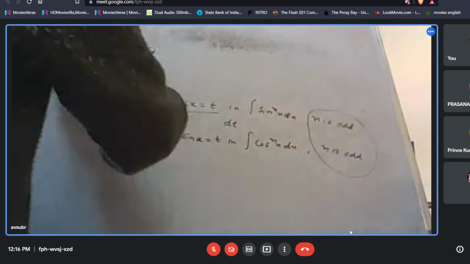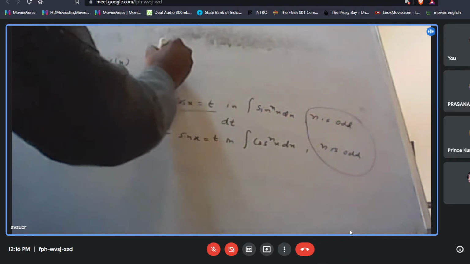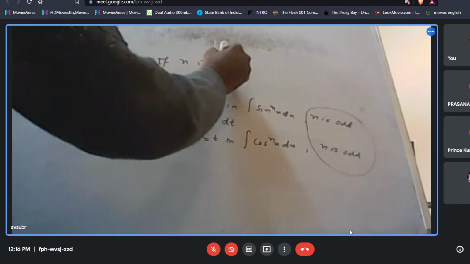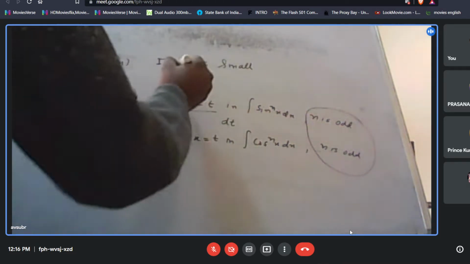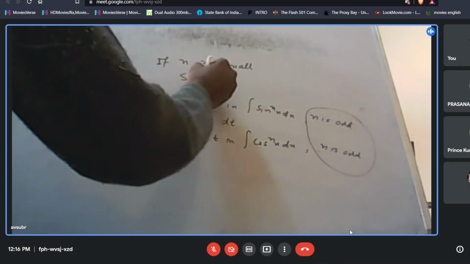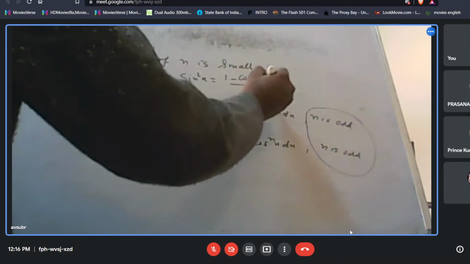Now, if n is small, then you can use this kind of formula: sin square x is equal to (1 minus cos 2x) by 2.